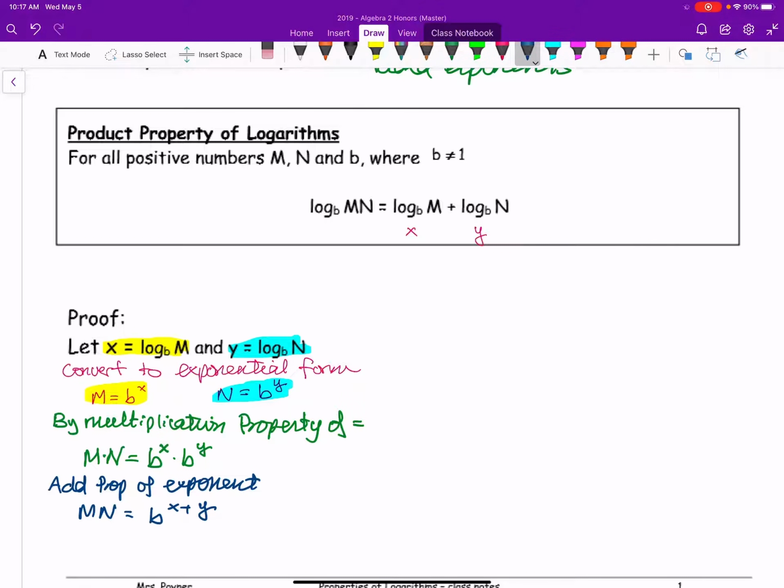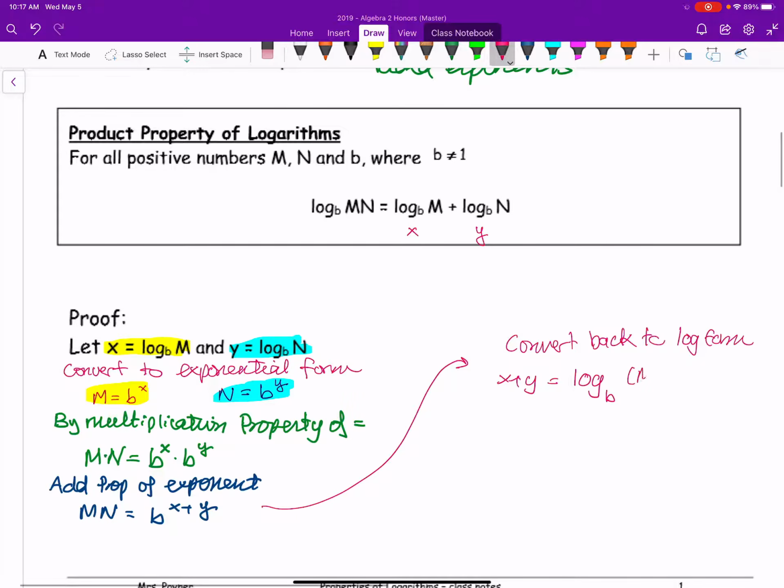I'm out of room, so I'm going to move that over here. What color should we go back to? Red, maybe. Convert back to log form. So the exponent is x plus y, the base is b, and now we have m times n.